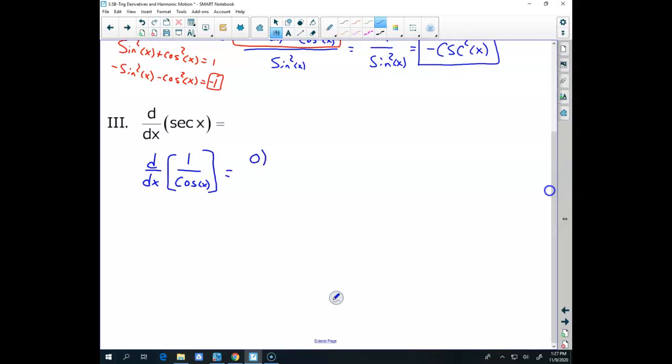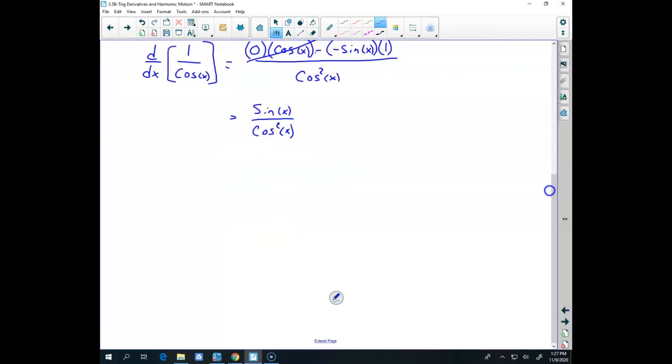The derivative of the top is 0 times the bottom, minus the derivative of cosine, that's a negative sine, times the top, all over the bottom, cosine squared. So what that gives me, well, I know the first term is gone, a negative and a negative gives me sine x over cosine squared x. That is not my preferred form of the derivative of secant.